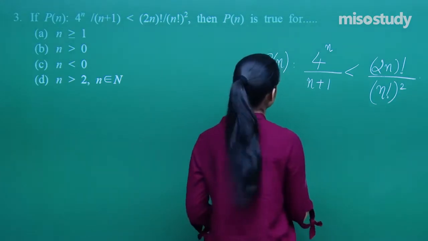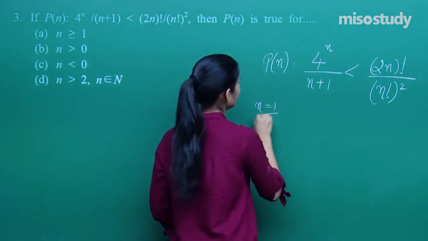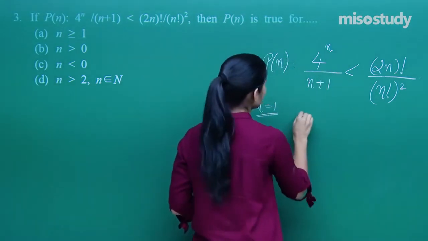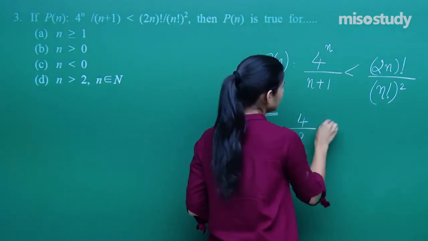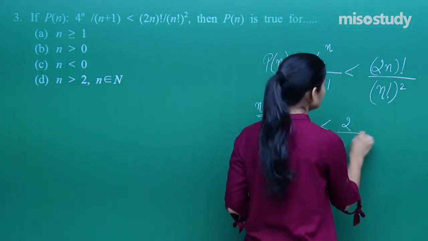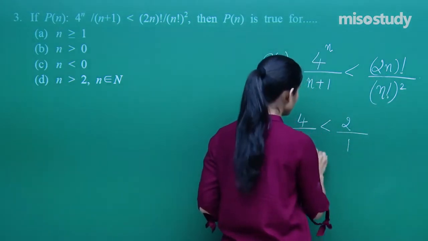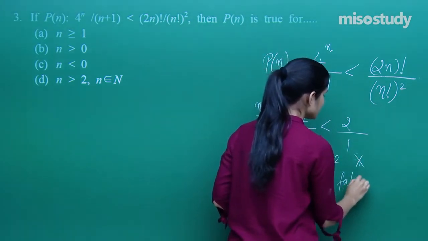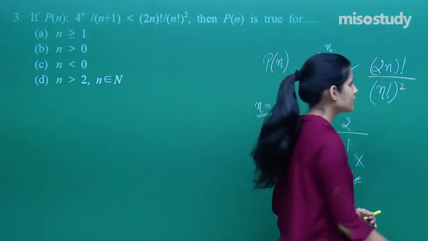For what values of n is it true? If you talk about n equals 1, this becomes 4 upon 2 is less than 2 into 1, that is 2 factorial, which is 2, upon 1 factorial, which is 1. So you get 2 is less than 2, which is again false. So for n equals 1, it's not true.